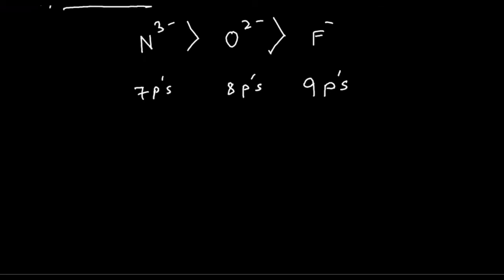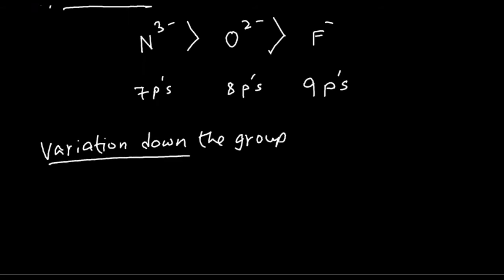Now, if I talk about variation down the group, how will they vary down the group? For cations, what will happen on moving from top to bottom, that is, moving down a group? The principal quantum number increases.